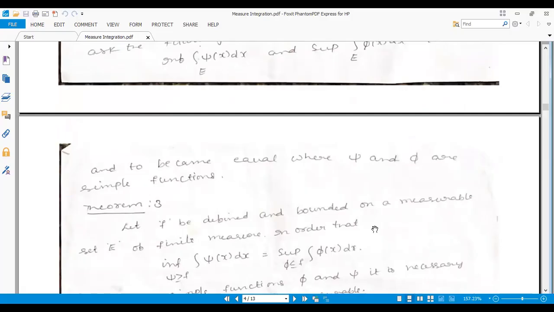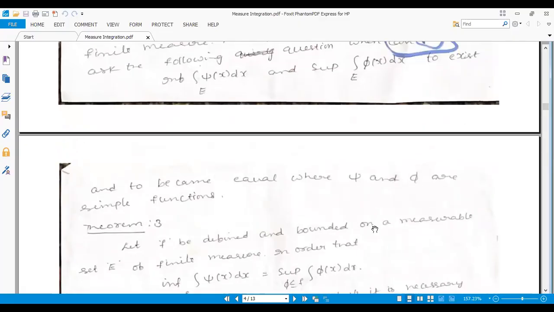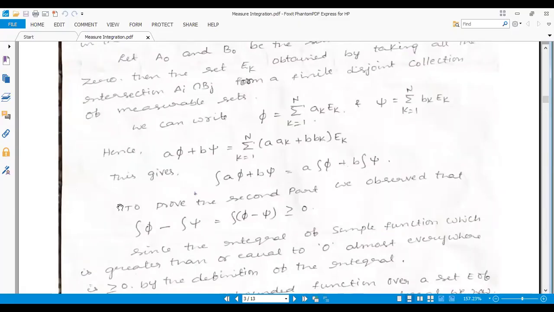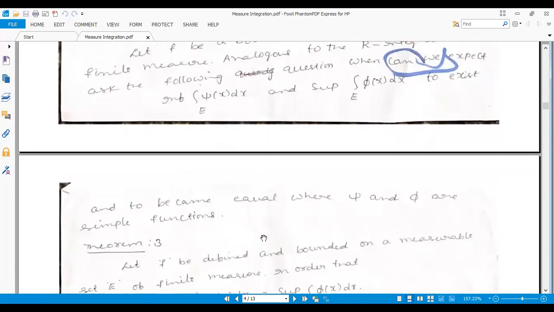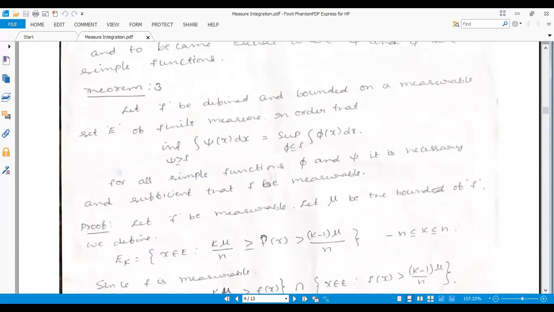Then the proof is finished. If these two are simple functions, definitely this condition is also good. Is there any doubt? That is the fundamental theorem in this finite measure.